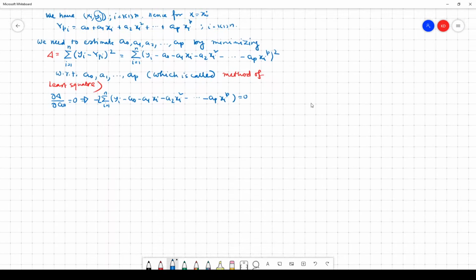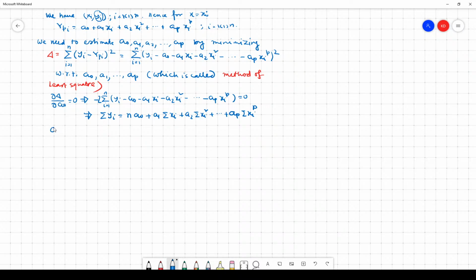So this implies summation yi equal to n a naught plus a1 sum over xi plus a2 sum over xi square plus ap sum over xi to the power p.